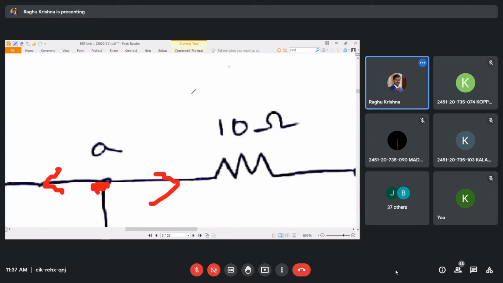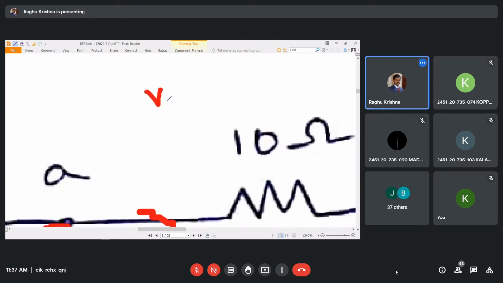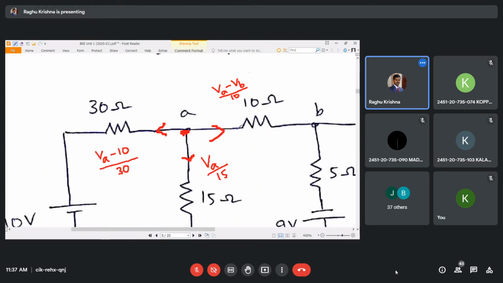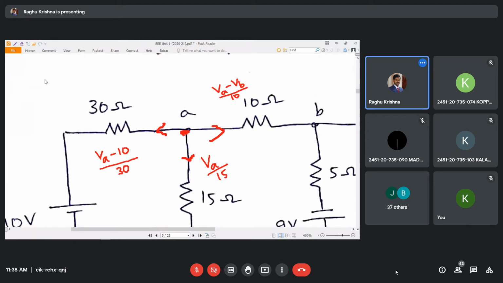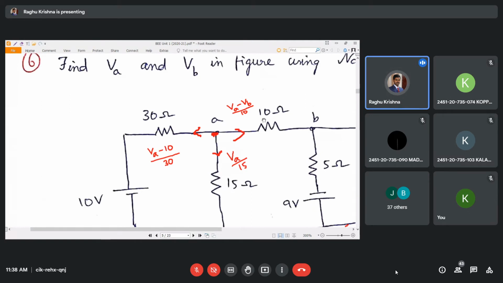So the current flowing through this 10 ohm resistor is equal to VA minus VB by 10.